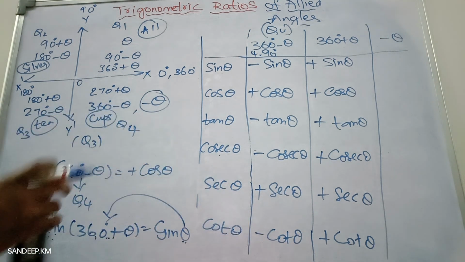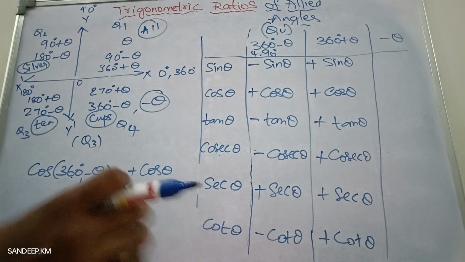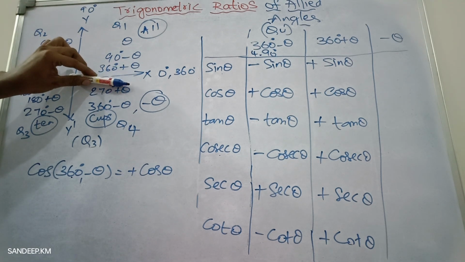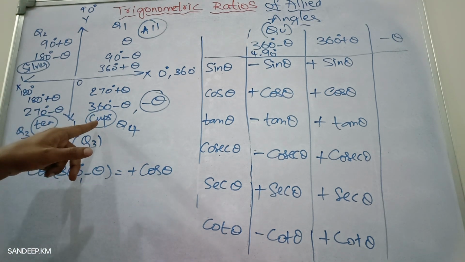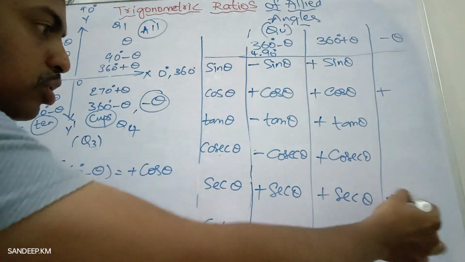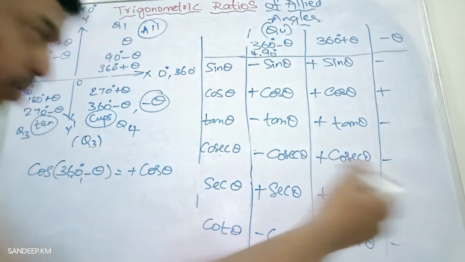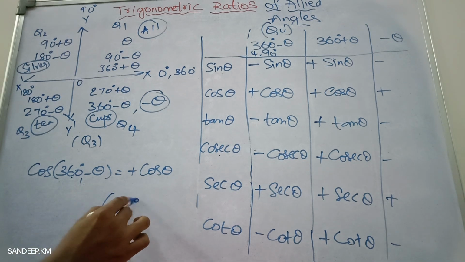Okay, now trigonometric ratios of minus theta. So we are at 0 degrees. Minus theta means you traveled clockwise and you came to the fourth quadrant. Correct? So you are in the fourth quadrant. In the fourth quadrant, cos theta is positive and sec theta is positive. The remaining trigonometric ratios are negative. Next, minus theta means 0 degrees minus theta.